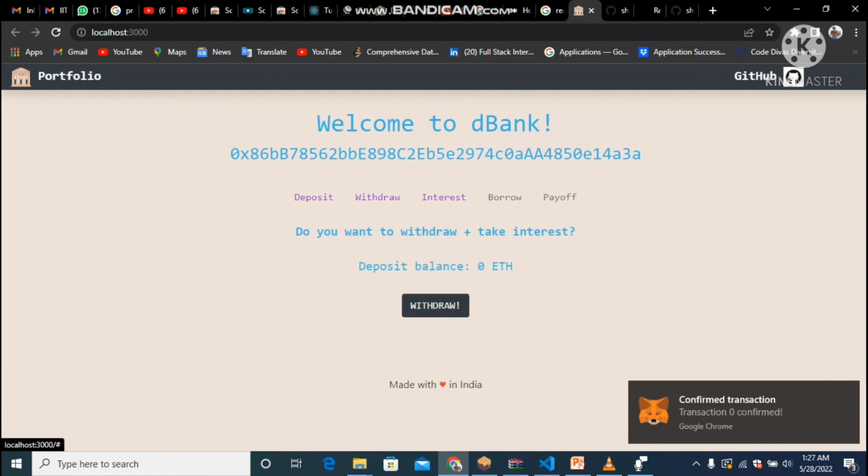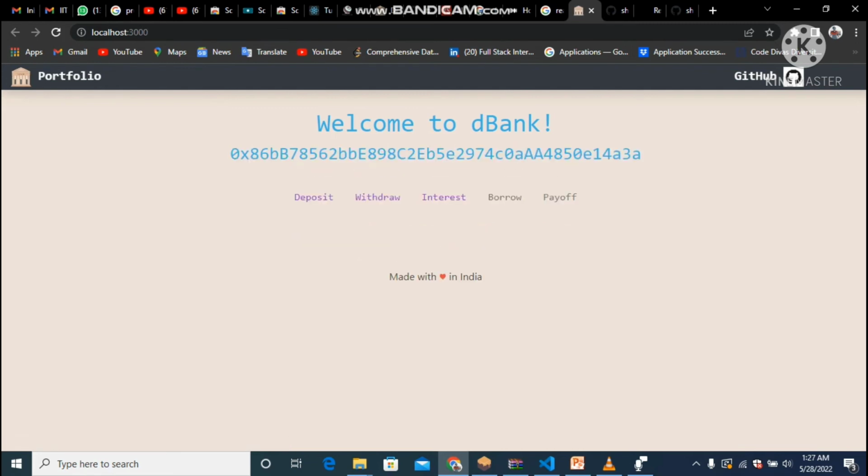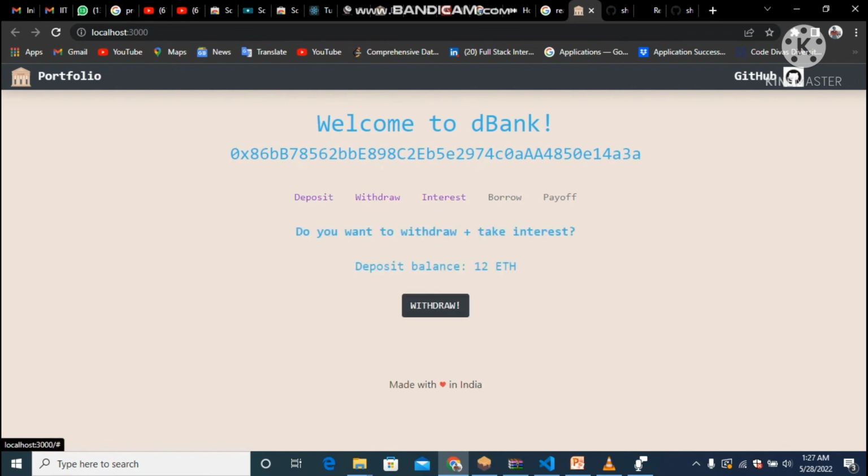When we come here, as you can see, the deposit balance is 0, but when I reload the server, we can actually see how much ether we have deposited in our smart contract address, or in our bank address.